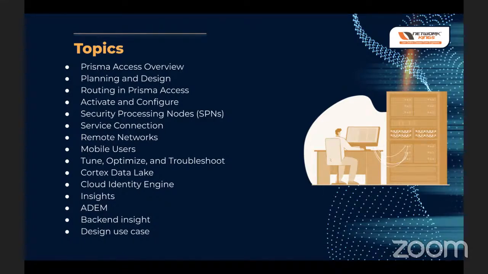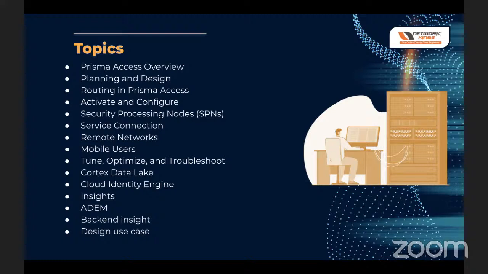Next is the routing. How the routing looks like in Prisma Access. Just to give you an overview, we don't need in-depth knowledge of routing when we talk about Prisma Access. It's very easy and very simple from the Prisma Access point of view.